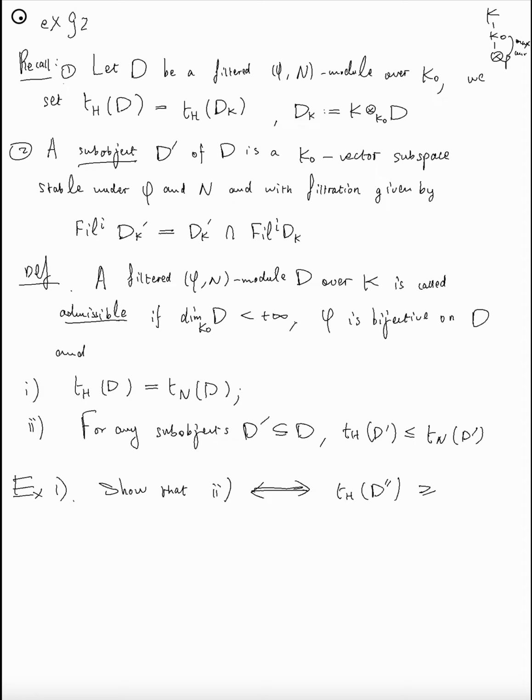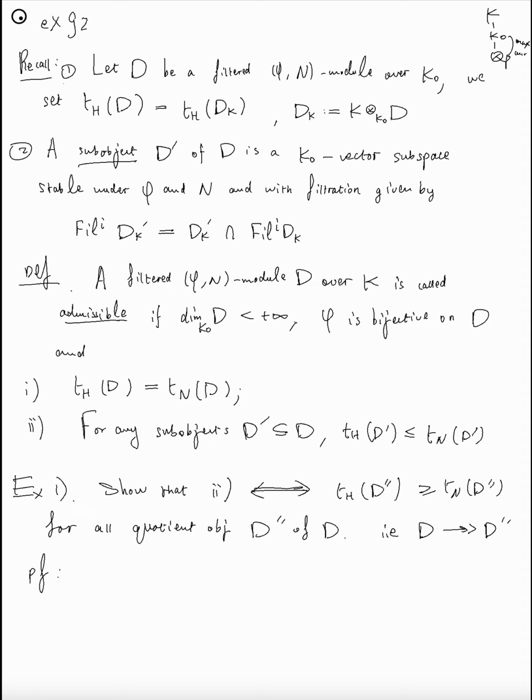Hodge number of D double prime is bigger or equal than the Newton number of D double prime for all quotient objects D double prime of D, which means there is a surjective morphism in that corresponding category.